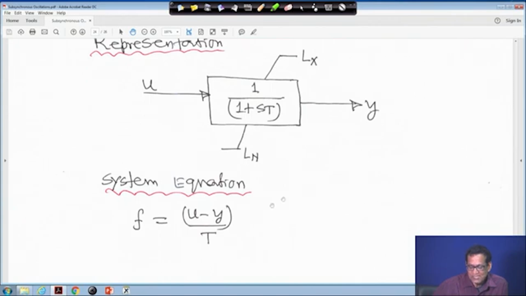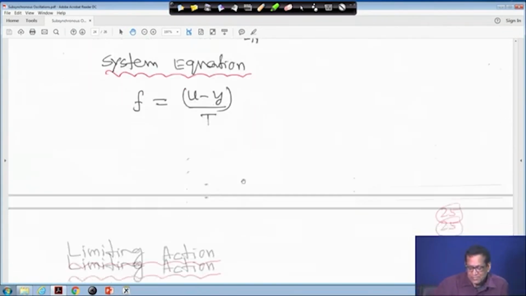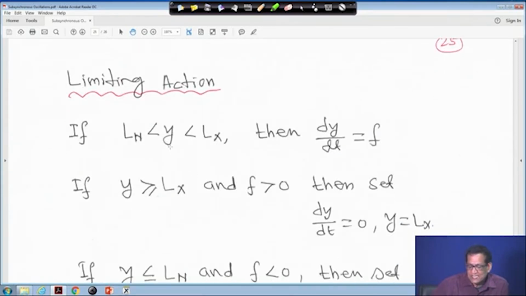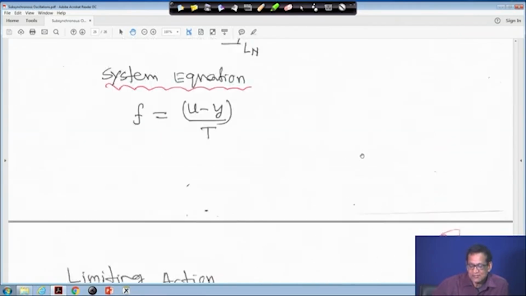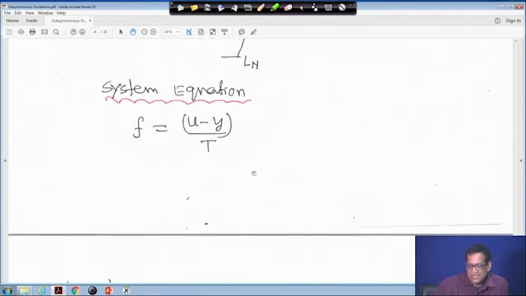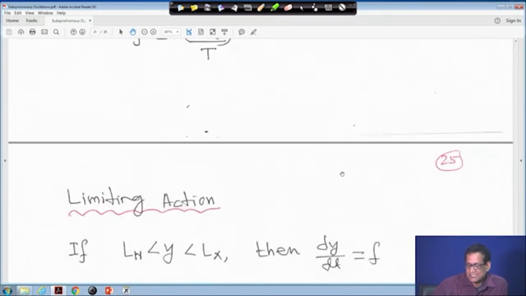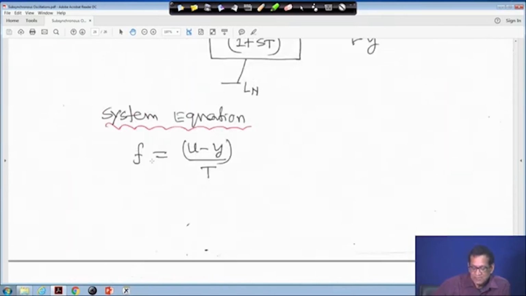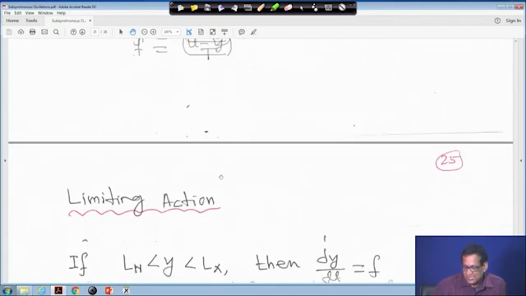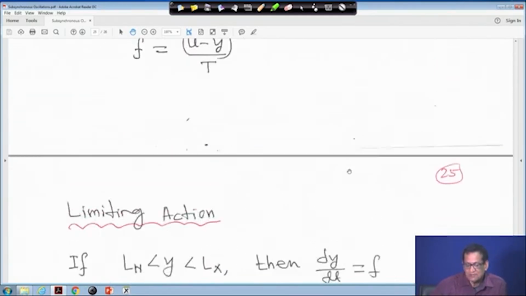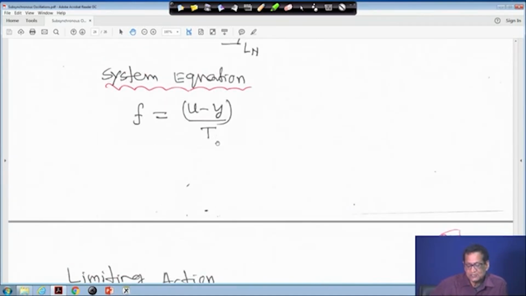Let us define f equal to (u minus y) by T, u minus y divided by T. So let us define the system equation f equal to (u minus y) by T. Therefore, if you put in the limiting action, if y is lying between Ln and Lx, then dy by dt is equal to f, that is, dy by dt equals (u minus y) by T.